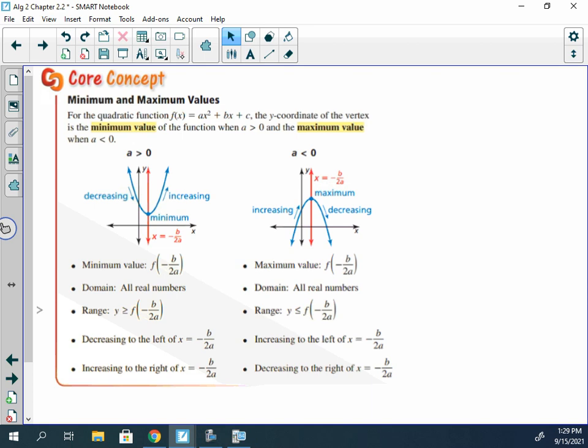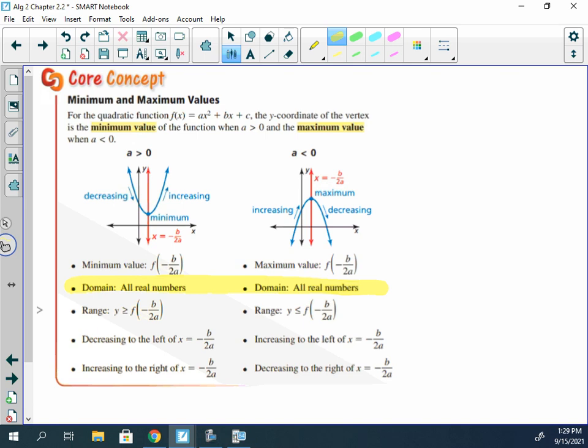For the quadratic function, we can have one of two types, one that's going to be opening up and one that's going to be opening down. Now, one of the key features that I do want to point out is that the domain is all real numbers for either one. And really, for any quadratic function, any higher degree polynomial function, the domain is going to be all real numbers.